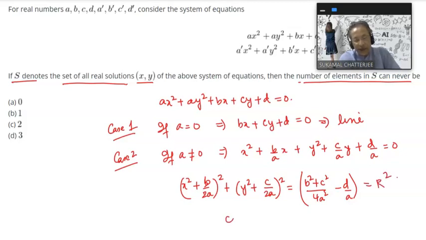So this becomes the equation of a circle. So there are two possibilities: either it's the equation of a line or it's the equation of a circle.